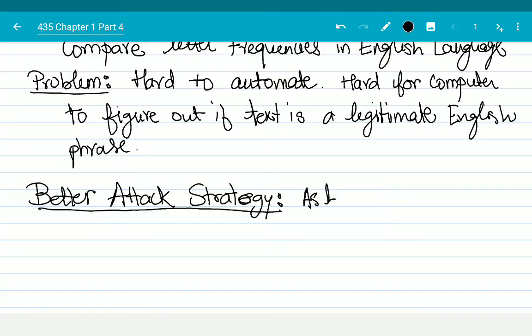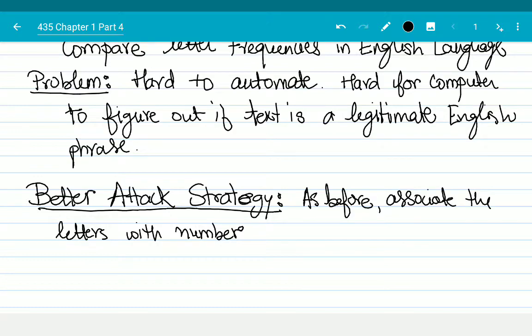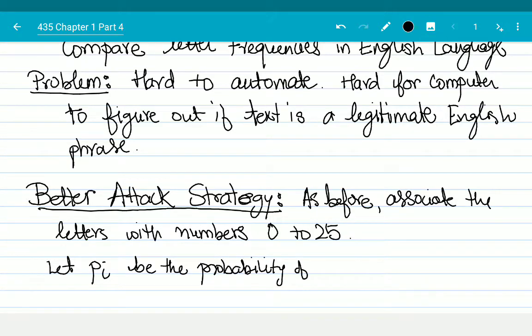So as before, associate the letters with numbers 0 to 25, and then let p_i be the probability of the ith letter occurring in normal English text.